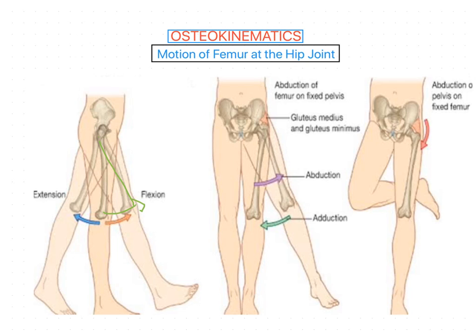First, the flexion of the hip is generally considered to be 90 degrees when the knee is in extension. So when the knee is in extension, the range of hip flexion is about 90 degrees. If the knee is flexed, the range of hip flexion can be extended up to 120 to 135 degrees.